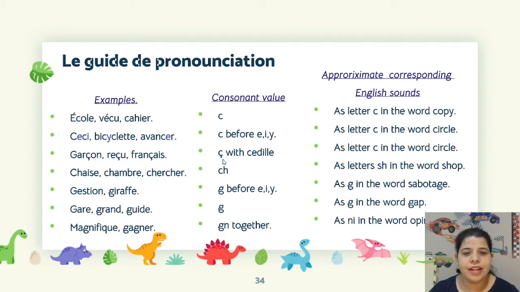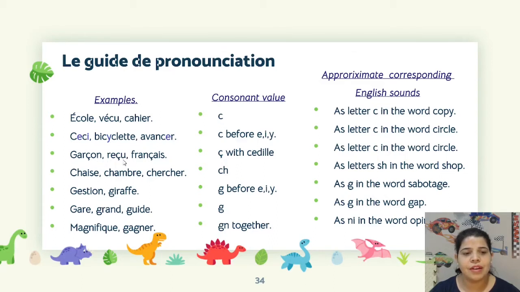Moving further, letter C with a cédille, an S-like sign drawn underneath the letter C. In that case, it doesn't matter which letter the C is followed by, it has to be pronounced as S, like circle.